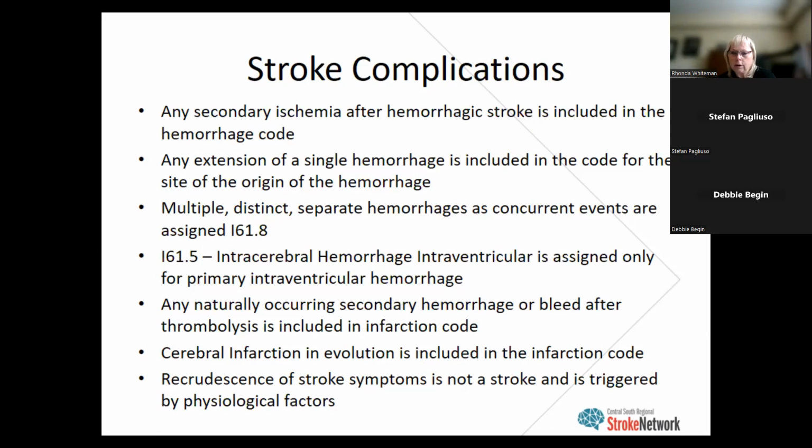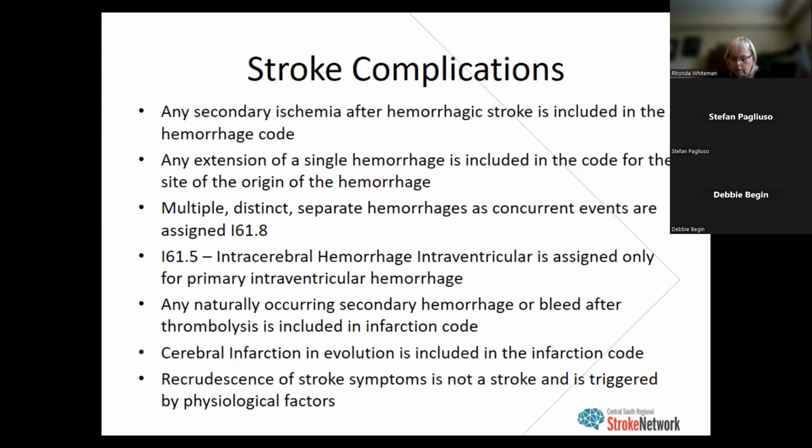Primary intraventricular hemorrhage confined to the ventricular system is uncommon, only about 3% of the time, and I61.5 should only be assigned for primary intraventricular hemorrhage. Often what you see is an intracerebral hemorrhage that extends into the ventricular system, so that would be considered an extension.